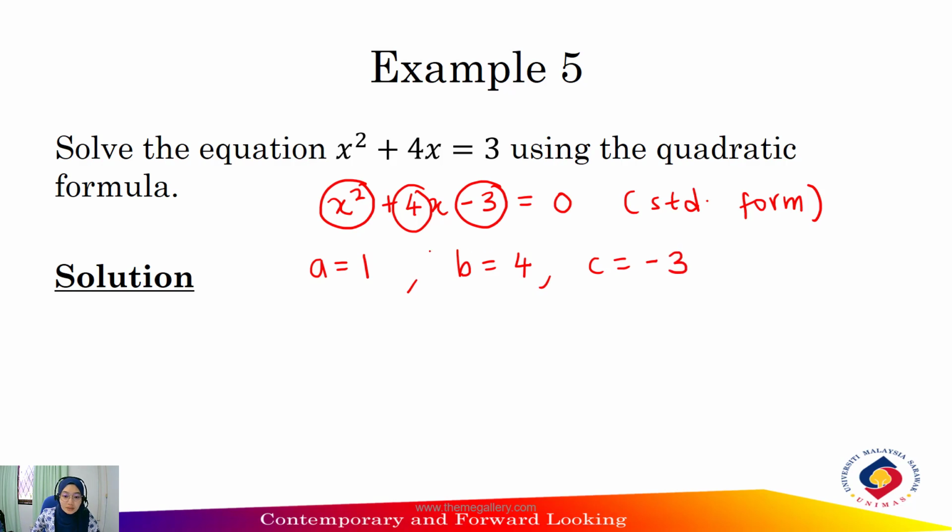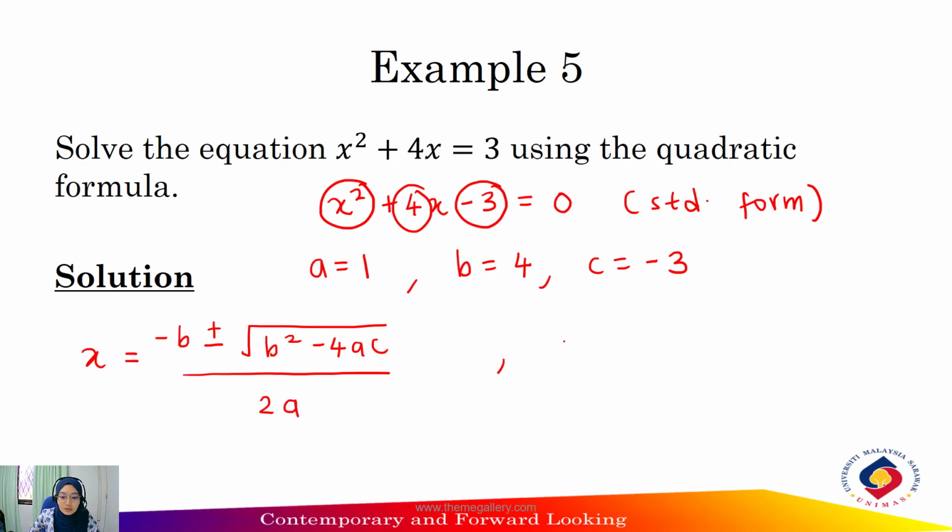So you just substitute a, b, c into the quadratic formula. Given that the quadratic formula is x equals negative b plus minus the square root of b squared minus 4ac, divided by 2a.